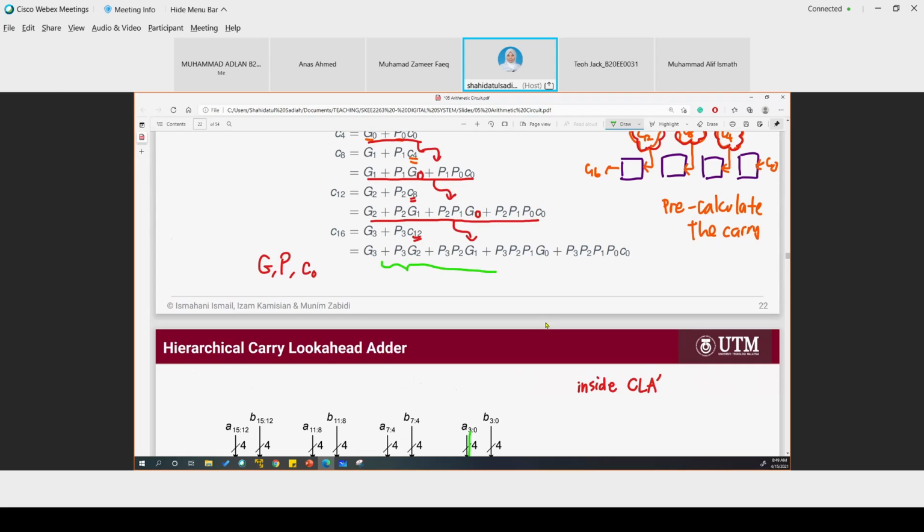Same, just like previously, we keep the equation as in the sum of product to maintain two level of circuit, so that the delay will be 2 tau.